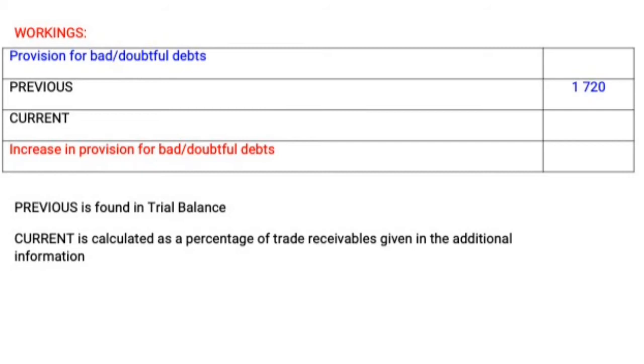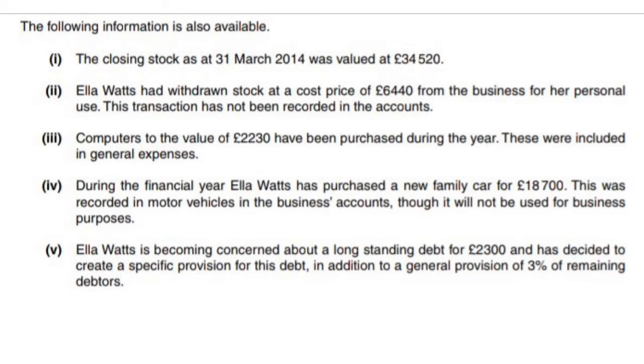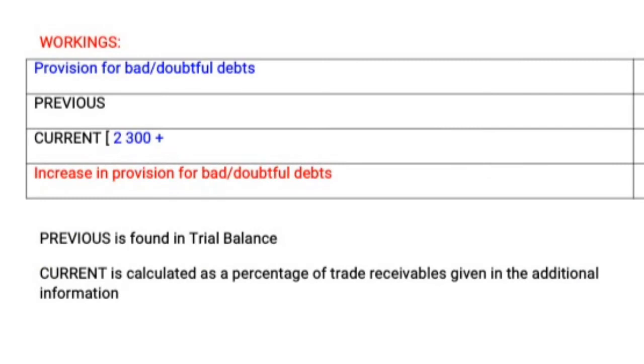Right. Additional information number 5, it says that Ella is becoming concerned about a long-standing debt for 2.3, and he has decided to create a specific provision for this debt, in addition to a general provision of 3% of remaining debtors. So what you need to do, you have to write 2.3 first, then you put your plus, right?